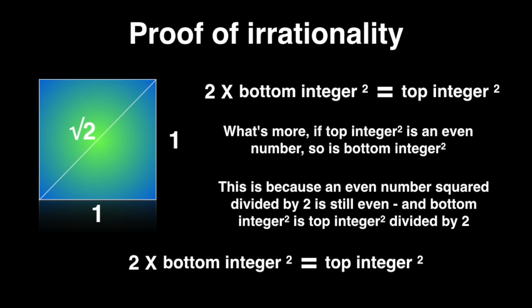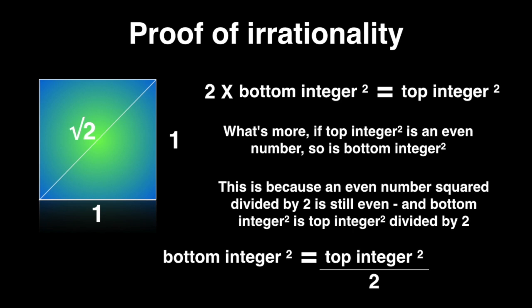This is because an even number squared divided by 2 is still even, and bottom integer squared is top integer squared divided by 2. So take a look at that formula down there: 2 times bottom integer squared equals top integer squared. What we're going to do is divide that by 2 on each side. So there's the bottom integer squared equals top integer squared divided by 2.